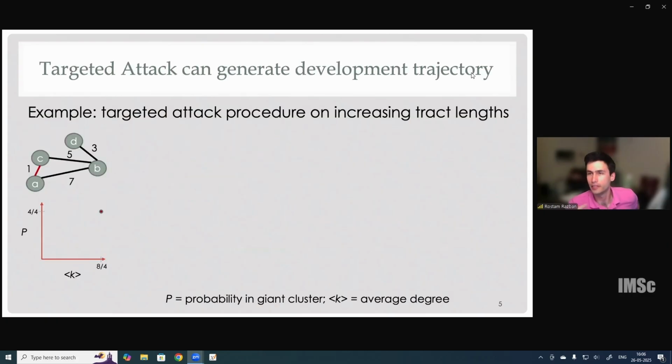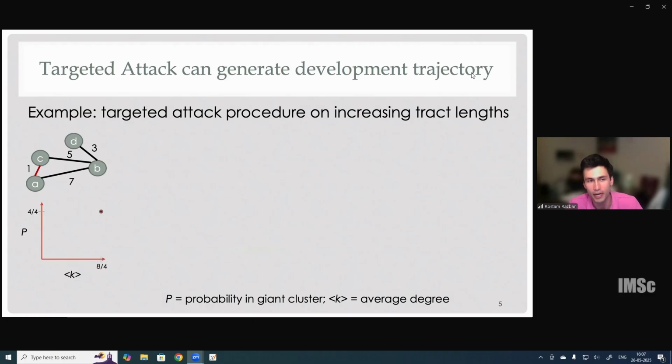So before I introduce the experimental data, I'm just going to share the graph theoretical approach we're going to use to solve this problem, or at least try to answer this question about how neurodevelopment occurs. And the approach we're going to use is targeted attack.